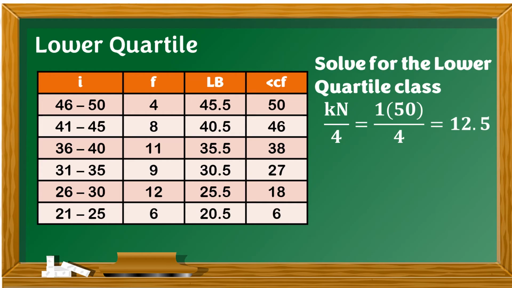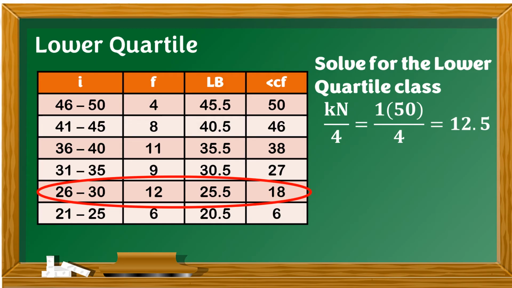And the value of n is 50, that is the total of the frequency. Then 1 times 50 is 50, divided by 4 is equal to 12.5. So that is the lower quartile class. And 12.5 is located here.